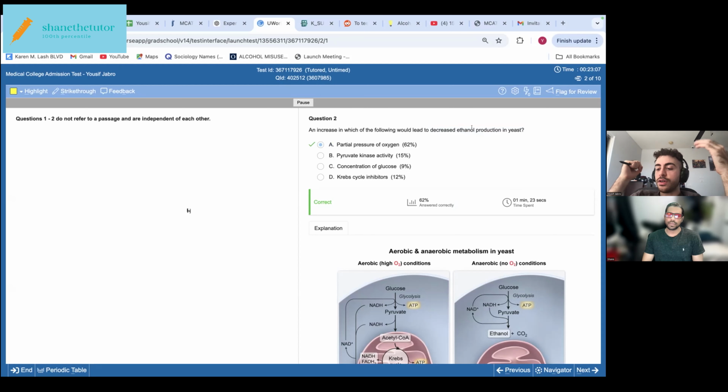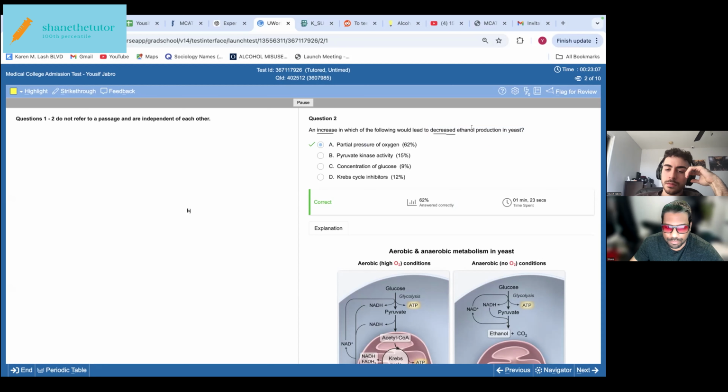Oh, wait. So yeast ethanol fermentation is anaerobic, right? Yeah. So they're asking which increase will lead to a decrease.